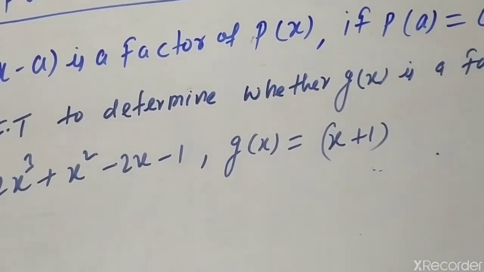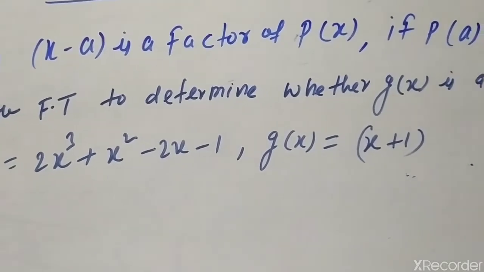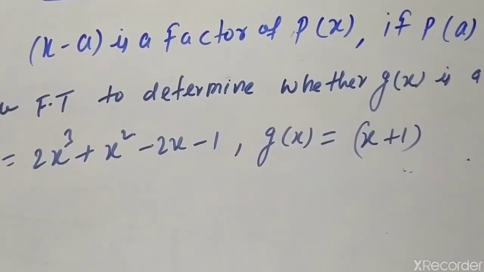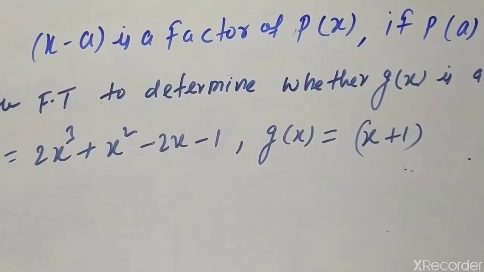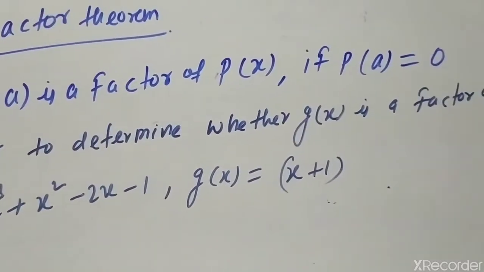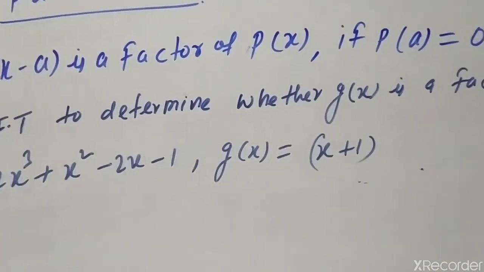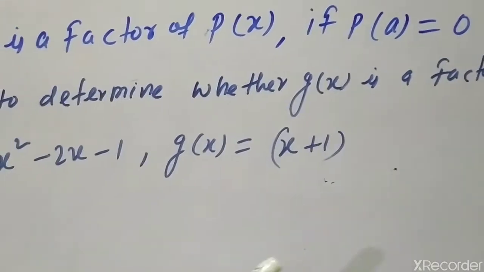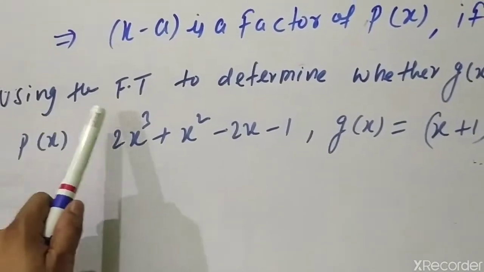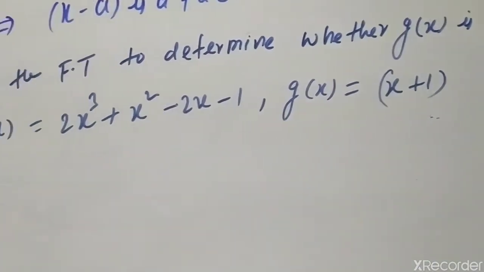Whatever value comes, it should be 0. If it is not 0, it's not a factor of p of x. So we are going to check using the factor theorem whether g of x is a factor of p of x.